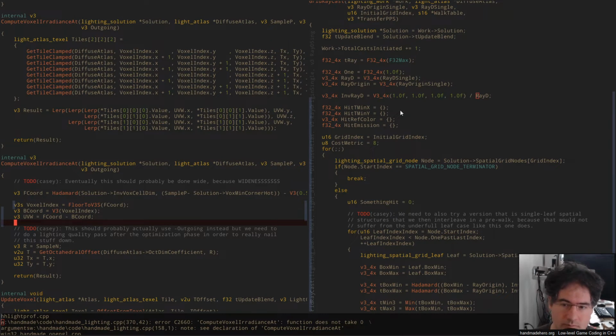Let me think about this. The thing that I'm not sure about is how do we want to actually terminate the ray? And if we do that, what's the T value that we've gotten so far?